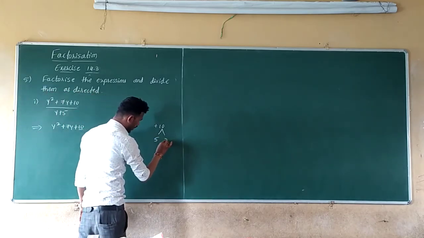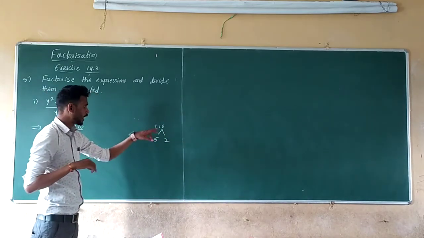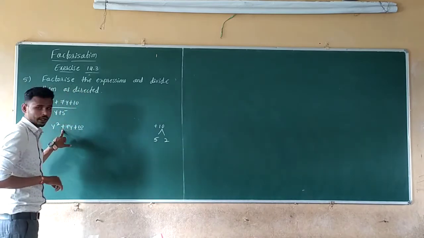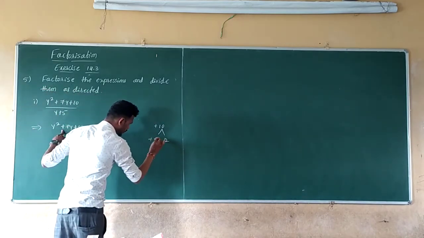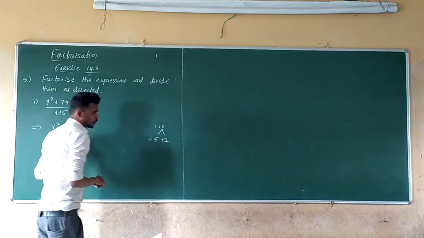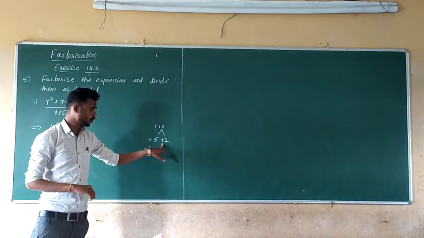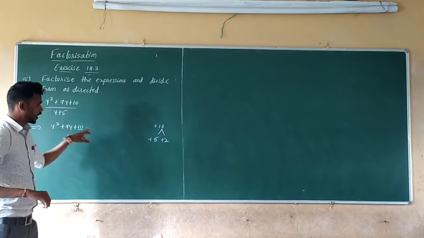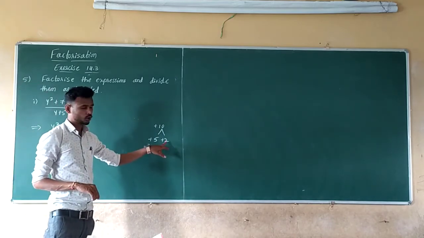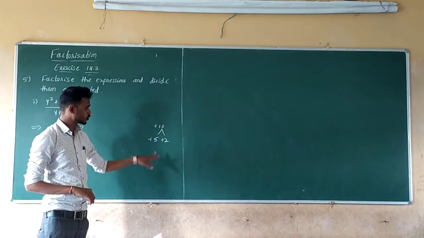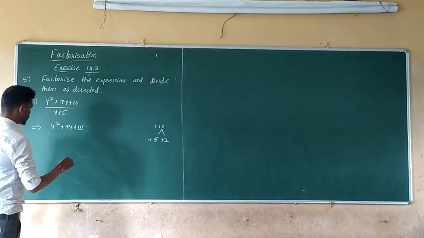What are the two numbers? 5 2s are 10. If you add, you should get plus 7, that is plus 5 plus 2. If you add plus 5 plus 2, you will get plus 7, and if you multiply 5 into 2, you will get plus 10. So these two are the numbers. Now factorize this.